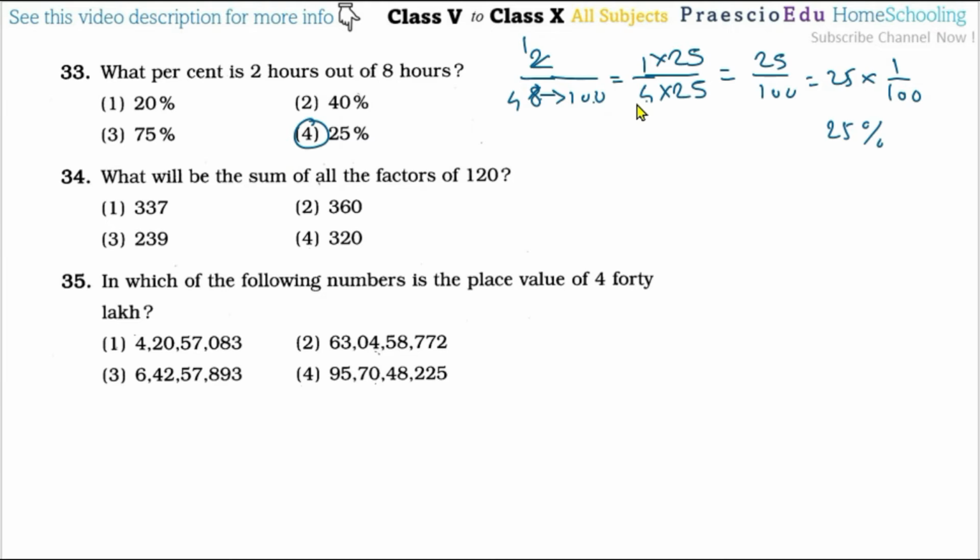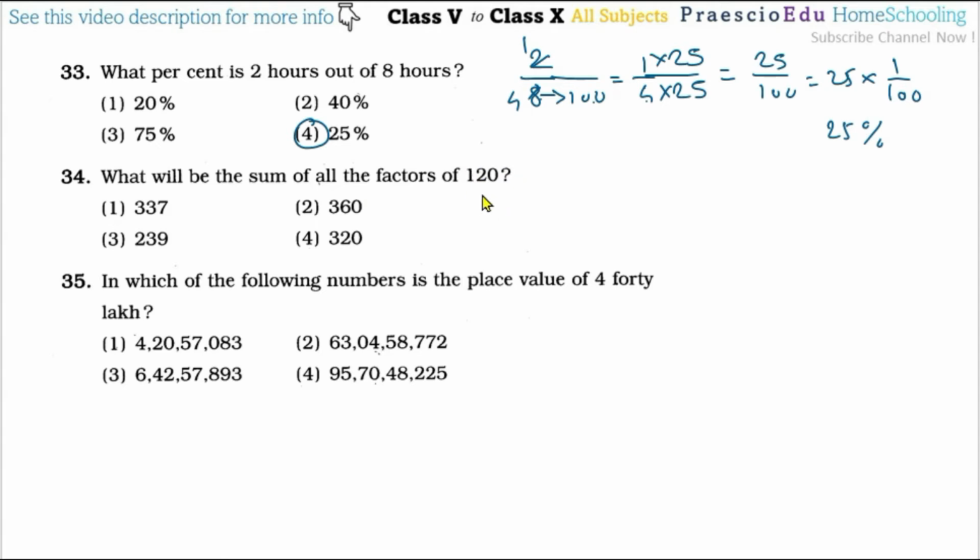Another way is also there, means this division we have to carry out and then multiply by 100, so you will get the percentage. Now question number 34, what will be the sum of all the factors of 120?